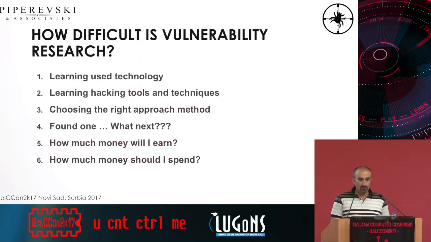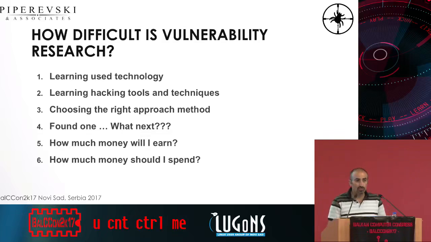So what do you need to know in order to find a vulnerability, and how difficult is it? At the beginning, the difficult thing is to learn the technology that is used inside the target application, the target system. Learning the technology is something we have to do before we approach vulnerability research.